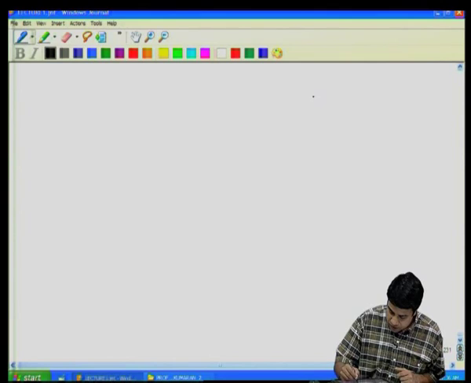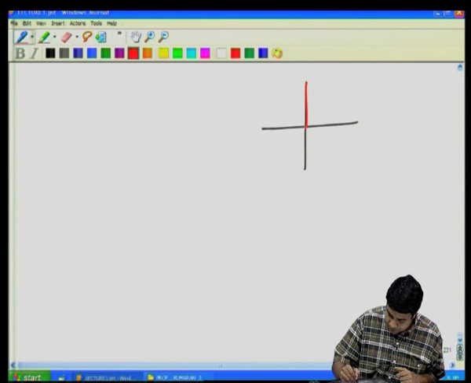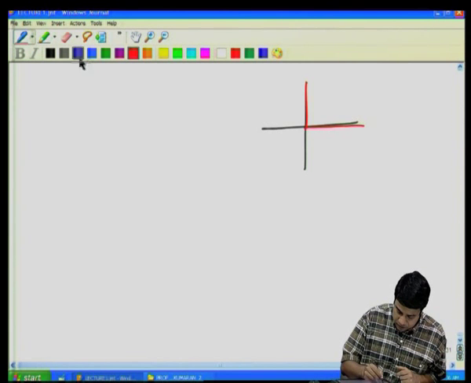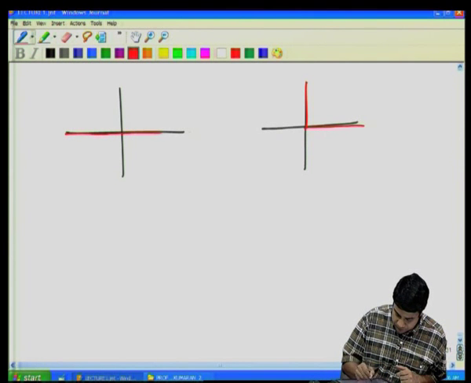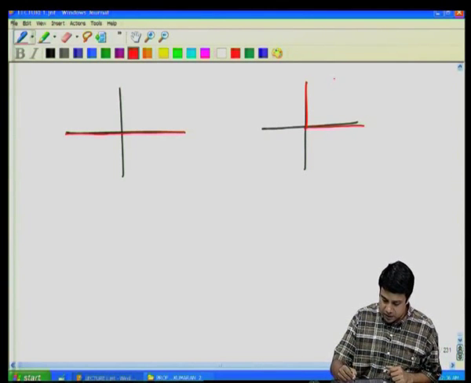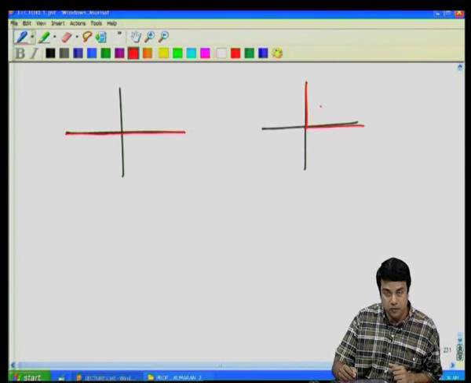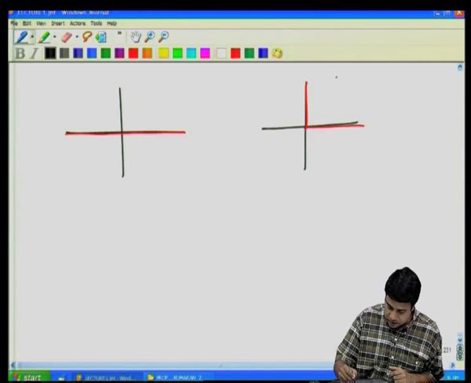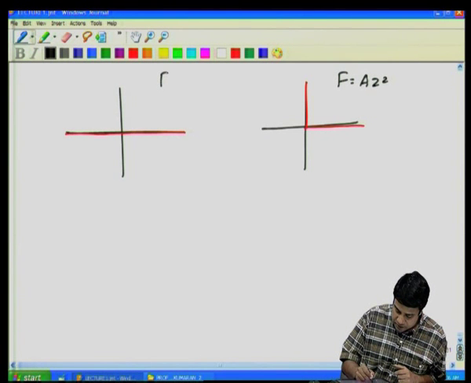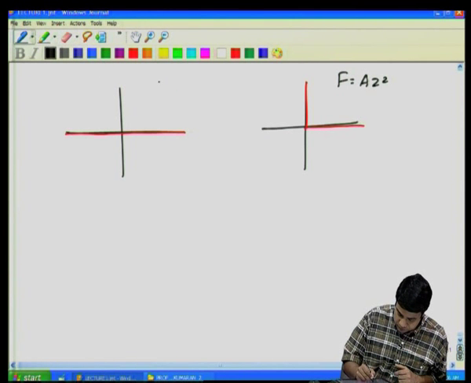So, the first thing I showed you was that if I want to go from this one to this one, this angle was pi by 2, therefore, f was equal to a z square, and here I got f is equal to a z prime.